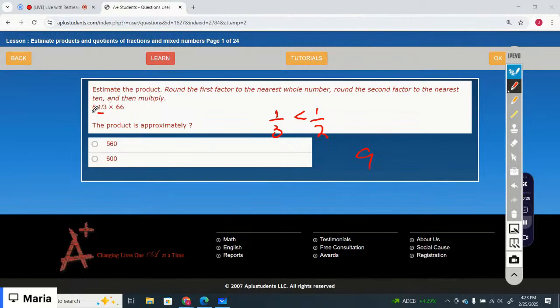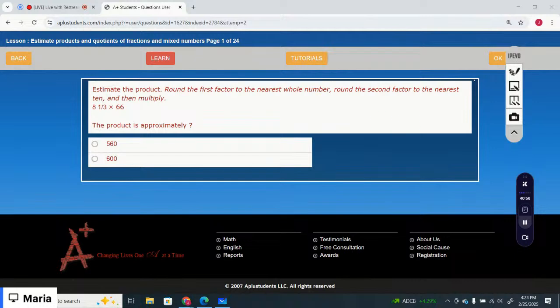I need to round up. No, sorry. 1 by 3 is less than half, so you need to round on the same whole number. And 66 is rounded off to 70. 8 times 7 is 56, that is 560. The correct option is option number 1, that is 560.